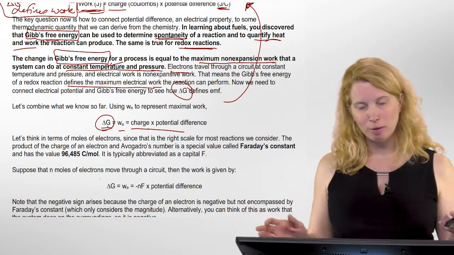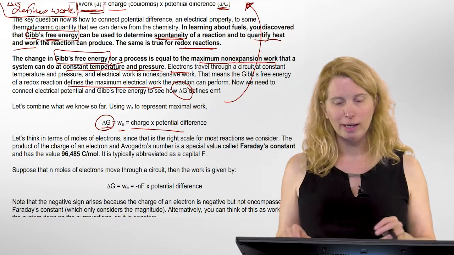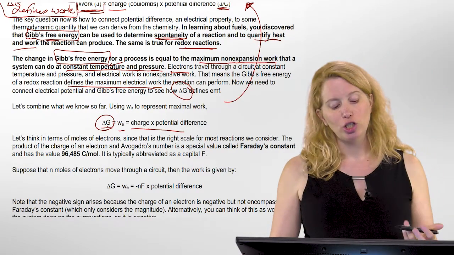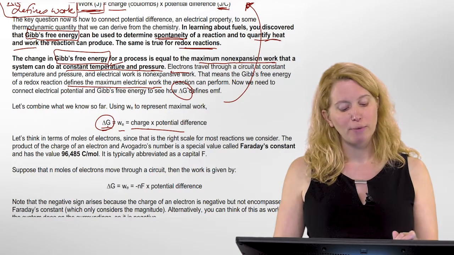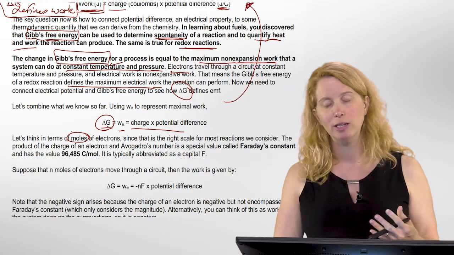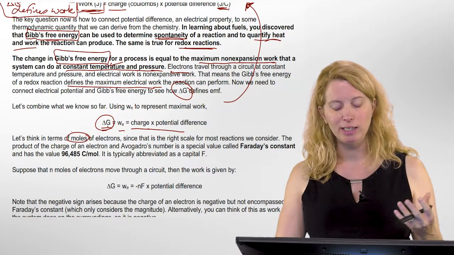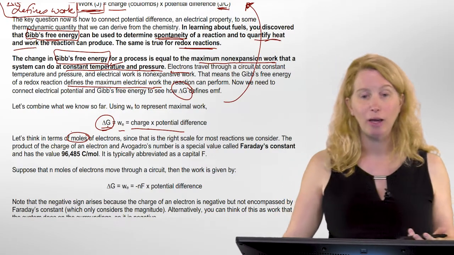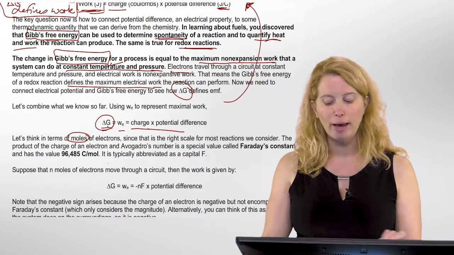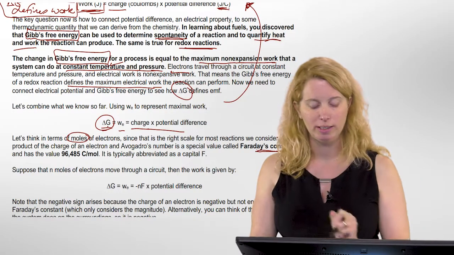Now, we write chemical equations in terms of single electrons or single reactants, but of course, on the scale of actually doing something, it's much more useful to think of chemistry in terms of moles. So we're going to start to write our equations taking into account this idea of a mole to be on the right scale for the things we're actually going to make. In order to do that, electrochemists have invented a new constant.